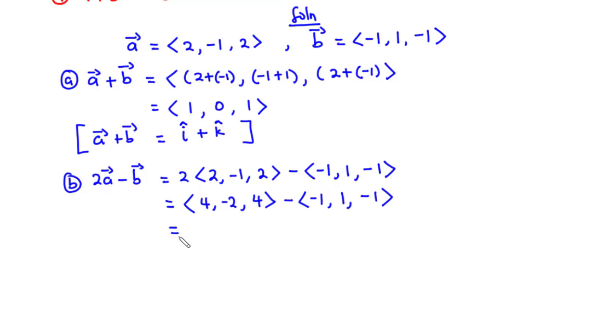Let's subtract corresponding components. So we have 4 minus negative 1, and then negative 2 minus 1, and 4 minus negative 1.